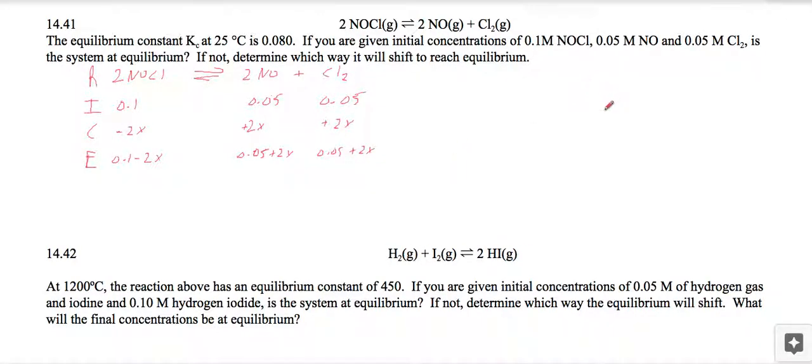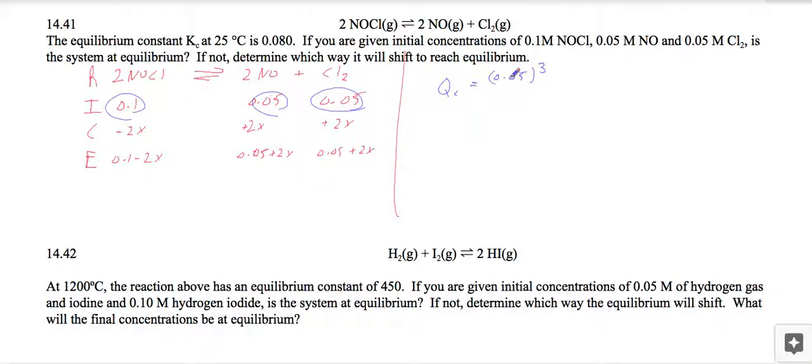I have my ice table. Oh, but look, it just says determine which way it'll shift. So that work is unnecessary. So now all I have to do is solve for the Q. And we have our initial concentrations again that we plug in here. 0.05 squared, cubed, because this is 0.05 squared, and this is 0.05.